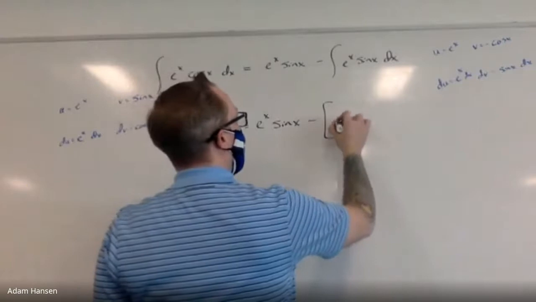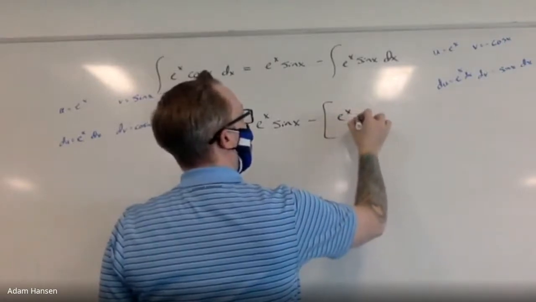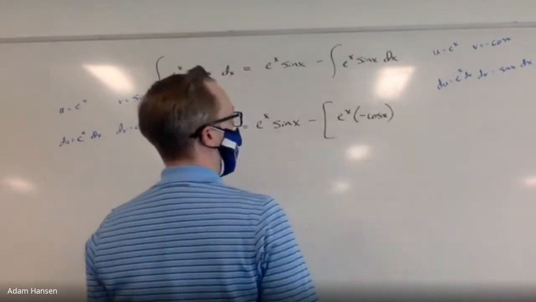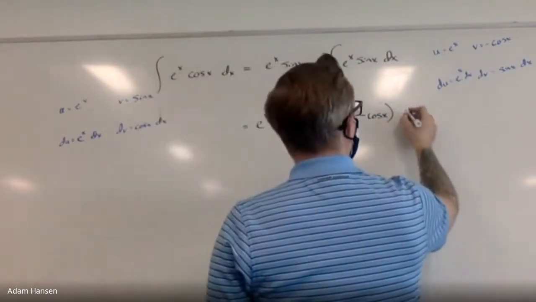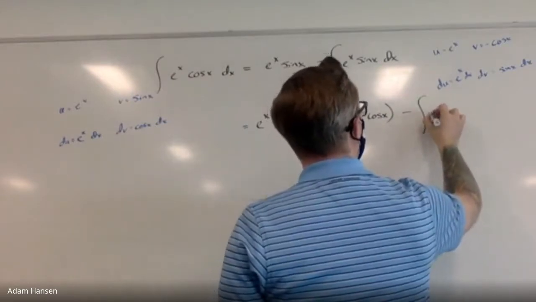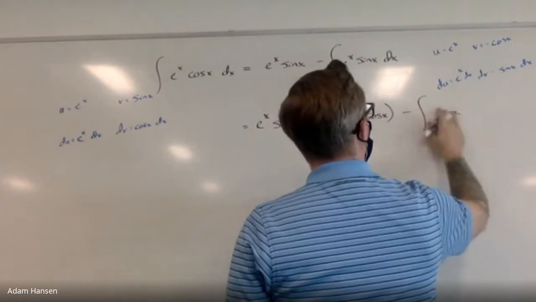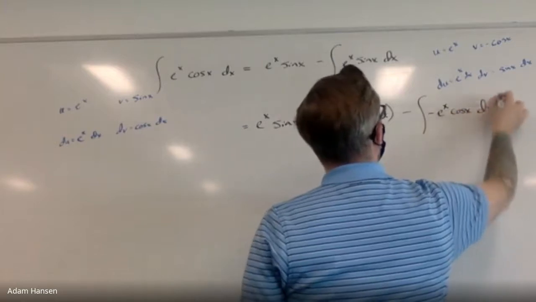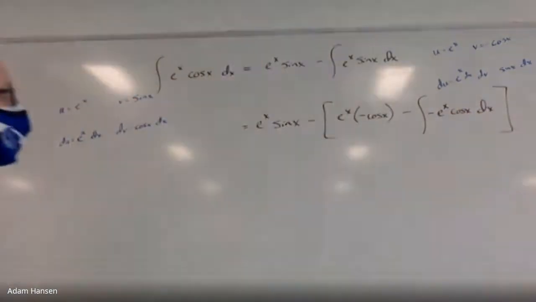So u times v, e to the x times negative cosine x, minus v du, minus the antiderivative of negative e to the x cosine x. That's a lot of negatives here. Let's clean this up. I see too many negatives for my brain to make sense of this.